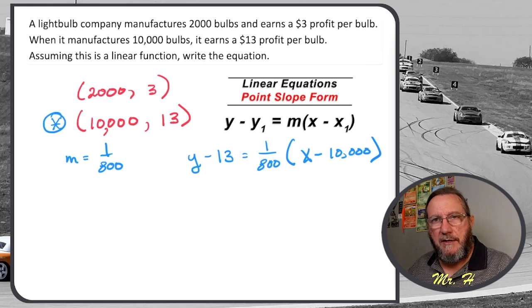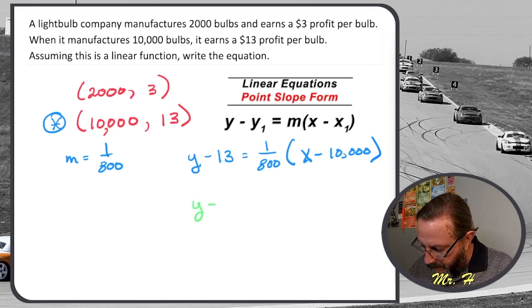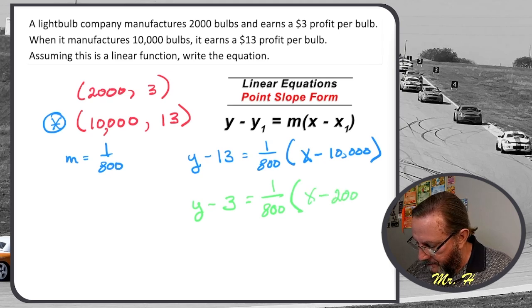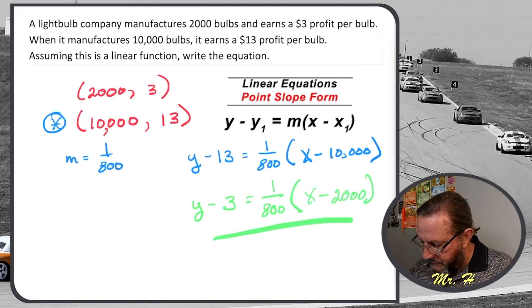You used the second point. If you happen to use the first point when you were doing your work, your answer should have looked like this. Y minus 3, you still should have gotten 1 over 800 as your slope. And then it's going to be x minus 2,000 for an answer.